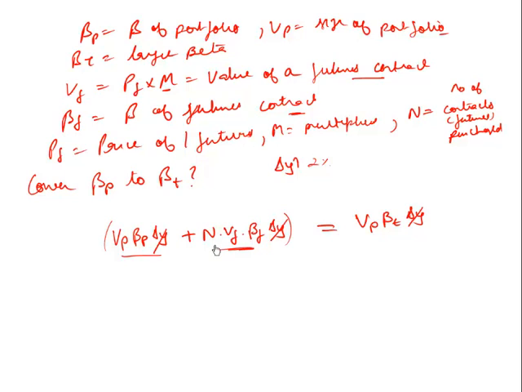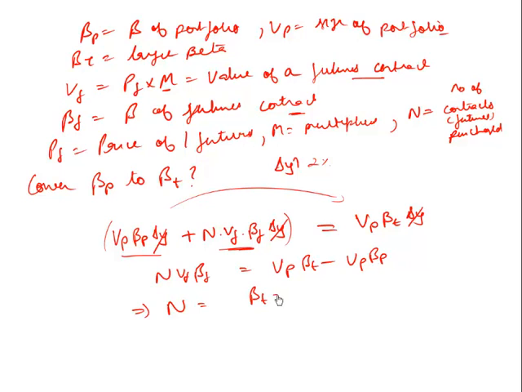Let's keep N on the left hand side and we'll take this on the right hand side. So N into Vf into beta F will be equal to Vp into beta T minus Vp into beta P. Or you can calculate N, that is the number of contracts needed, as beta target minus the current beta of the portfolio into the value of the portfolio divided by the value of one futures contract divided by the beta of the futures contract.